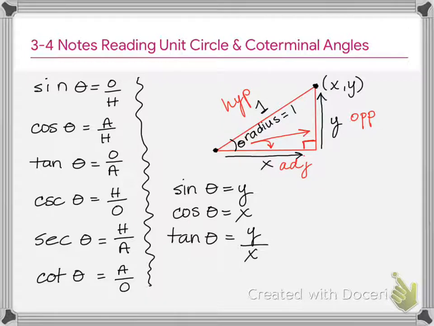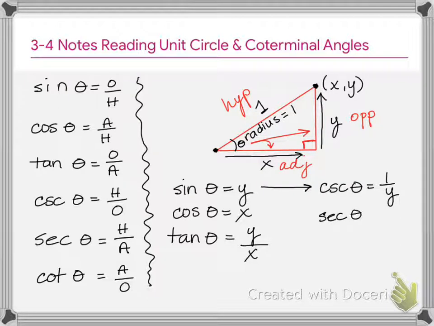Now, when asked to find cosecant, secant, and cotangent, well, we know that those are the reciprocals of sine, cosine, and tangent. So the cosecant of theta is going to be whatever that y value is, but take the reciprocal. The same thing with cosine.